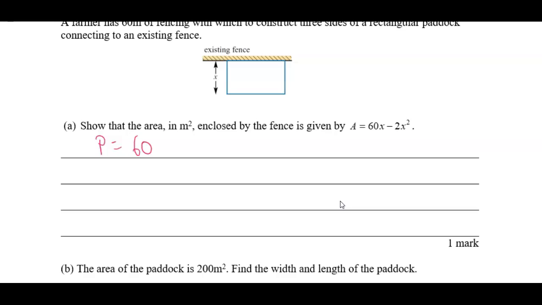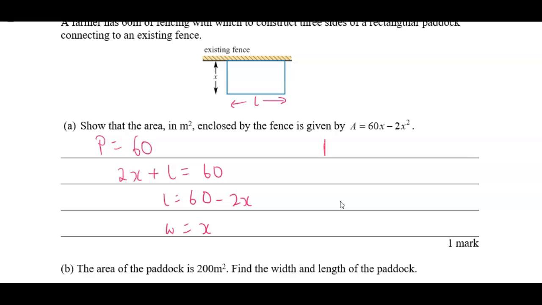Okay, so the important information it gave you was that the perimeter is 60. Now the perimeter here is going to be 2x plus this length here, and that's going to equal 60. So to get your L, we're just going to have to take this 2x over to the right-hand side. And now we've got the length in terms of x, and your width is already in terms of x.